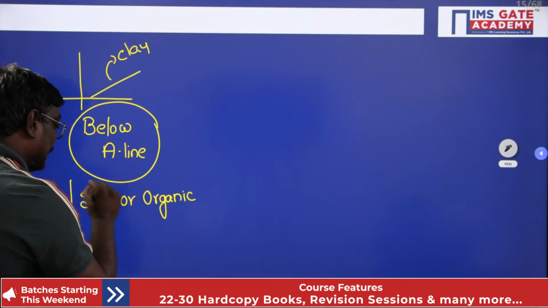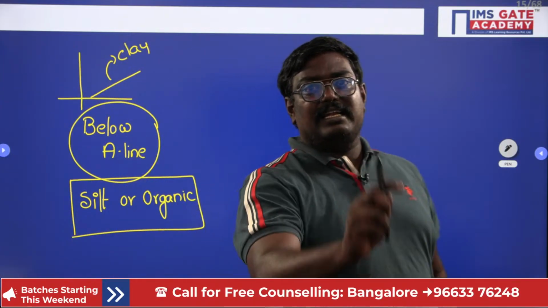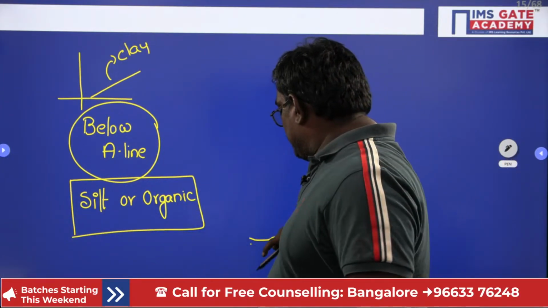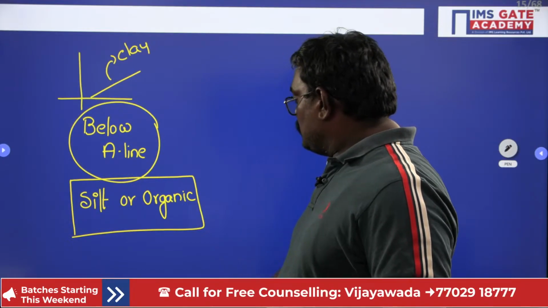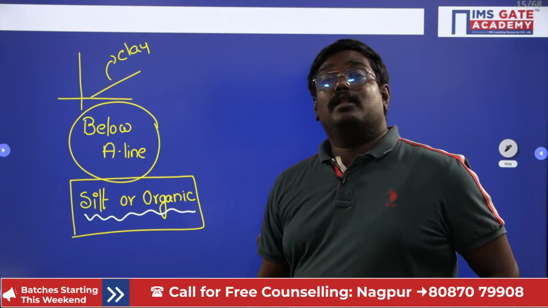Below the A line, there can be silt or organic soil.